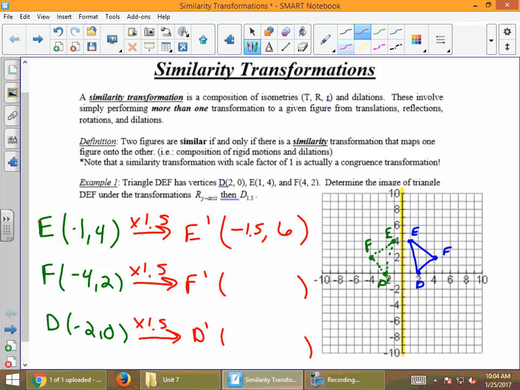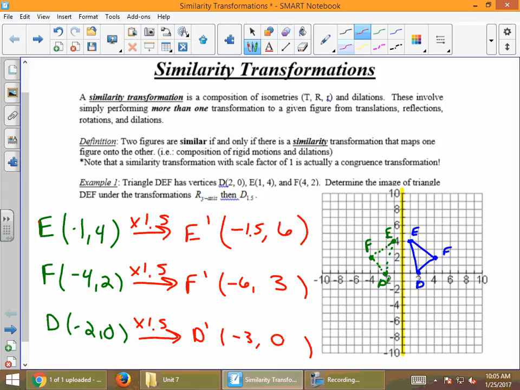So negative 4 times 1.5 is going to be negative 6. That's 2 times 1.5, double 1.5, 3. And here, 2 times 1.5 is positive 3, so negative 2 times 1.5 is going to be negative 3. And then 0 times anything is what? 0. So now you just did our last transformation. We're going to plot these points, and that's going to be our final answer, our final image.